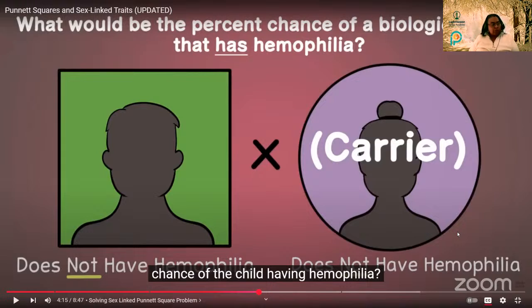So you don't know which egg and sperm are going to create which offspring. So when we look at a Punnett square, it's about possibilities. So what is the percent possibility of a biological child having hemophilia if, and then you have to write down, the father does not have hemophilia and the mother is a carrier. She does not have hemophilia, but is a carrier.